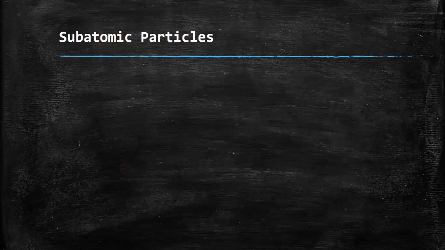Now, summarizing all these things: discovery of electron, discovery of proton, discovery of neutron, and discovery of nucleus as shown by Rutherford's experiment. The atom was somewhat exposed to us.